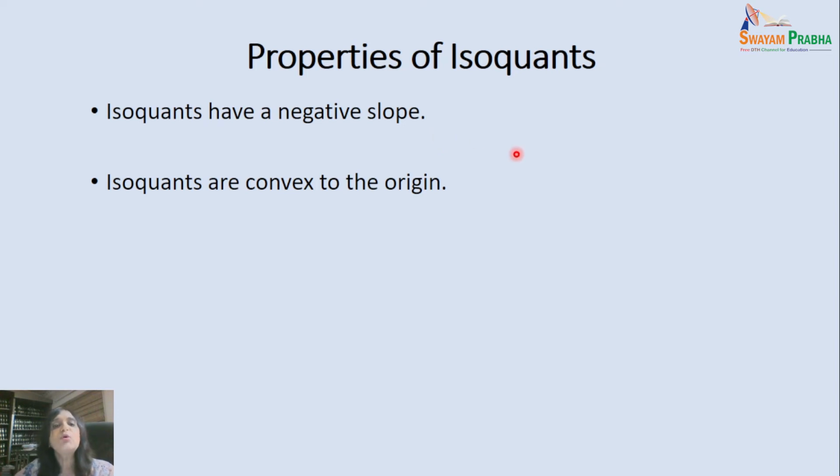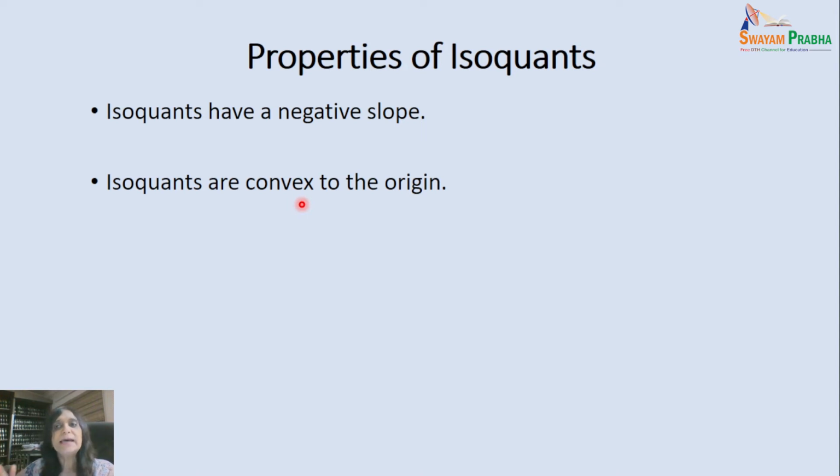Second, isoquants are convex to the origin. This convexity happens because of your diminishing MRTS. We have just seen that the marginal rate of technical substitution is the rate at which you are substituting one input for the other input. They become convex because these two inputs, labor and capital, are not perfect substitutes for each other.